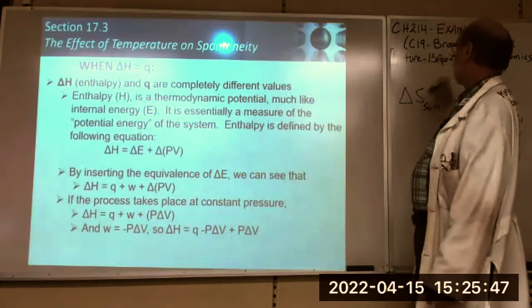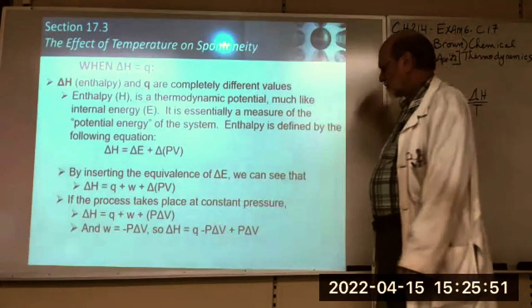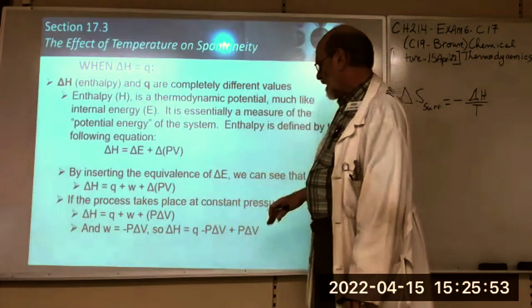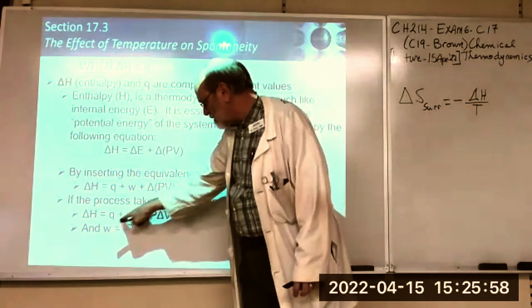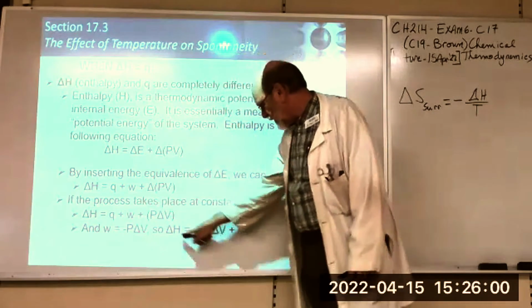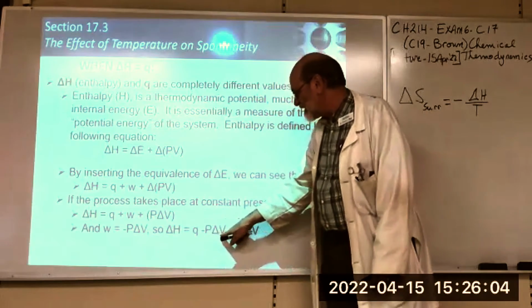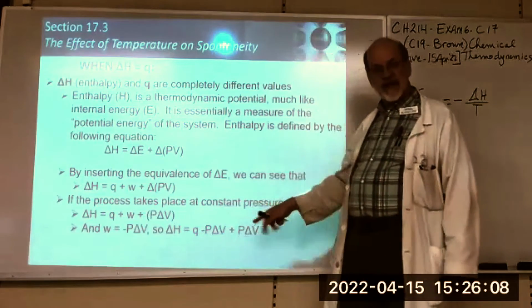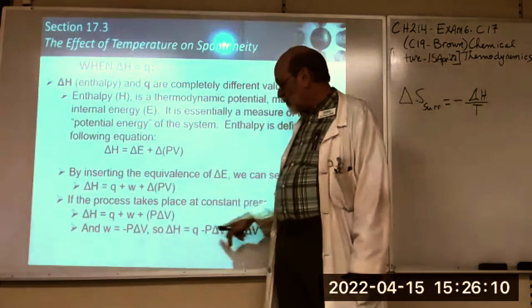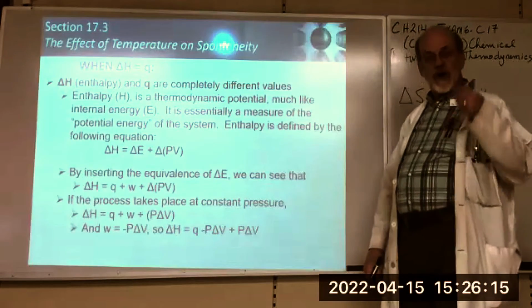I believe it was chapter 6 in my textbook. So if we substitute this in for the W, then we get enthalpy equals Q minus P times V for the W plus P times V. They cancel one another out. So under those conditions, enthalpy and Q, or heat transfer, are equal.